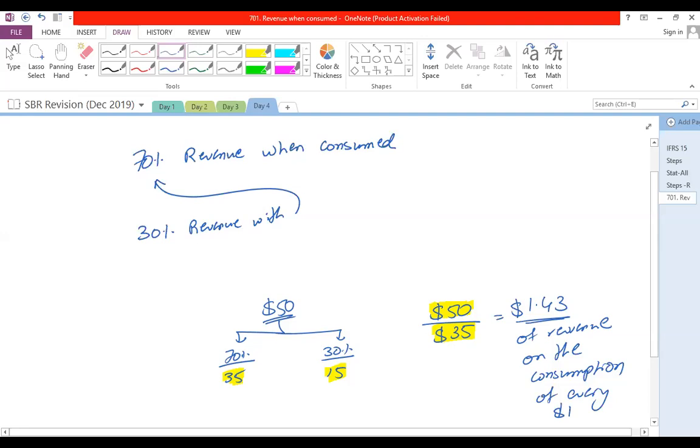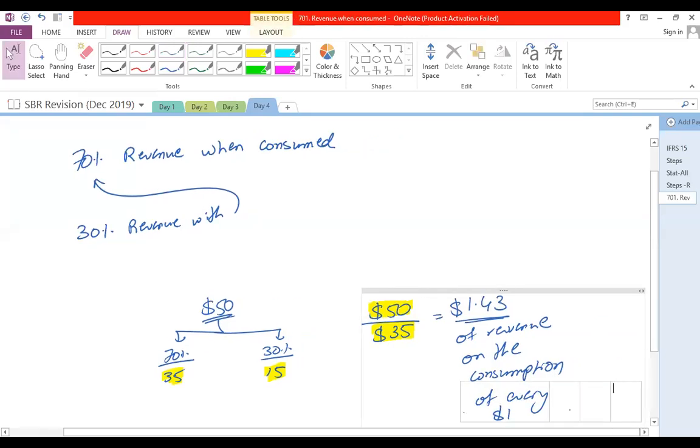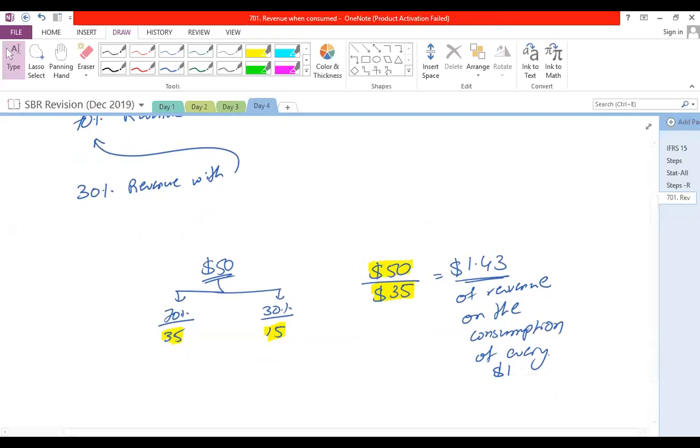So on the consumption of every $1, we simply record the revenue as 1.43. That will make the revenue of $50 on the consumption of 35. Getting this, everyone?